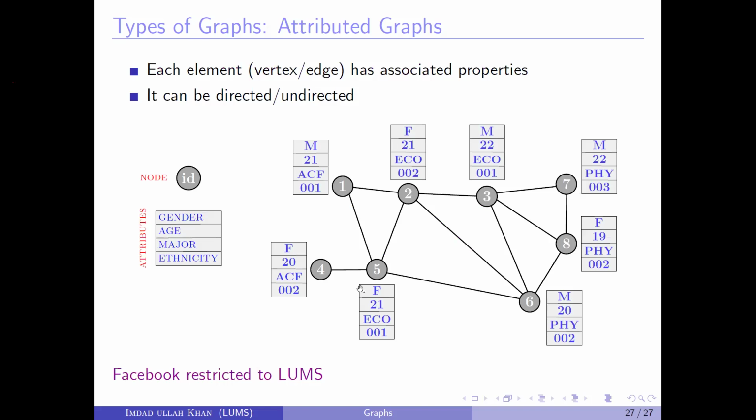Attributed graphs are graphs where each vertex is an object. From your CS200 concepts, you are familiar with the concept of objects. For example, if you think of a social network restricted to lumps, each object contains some information about a person, a student: gender, age, major, and some program code.